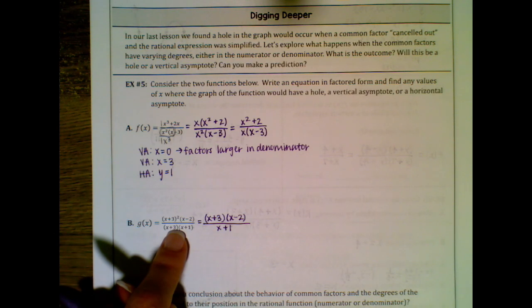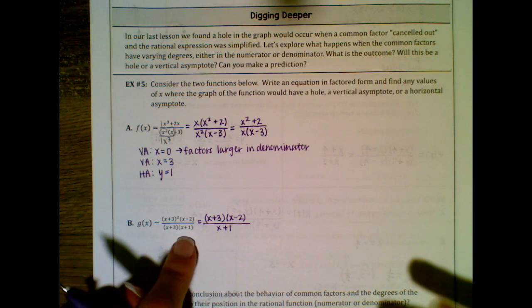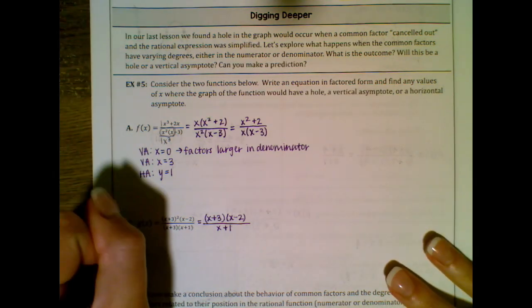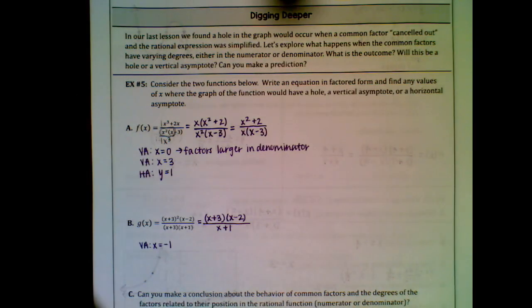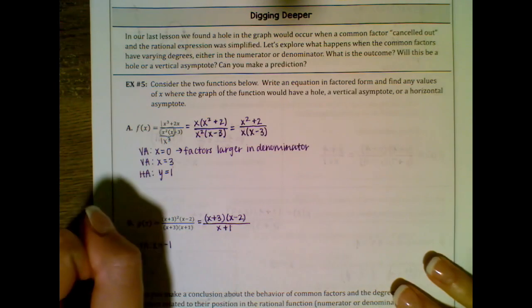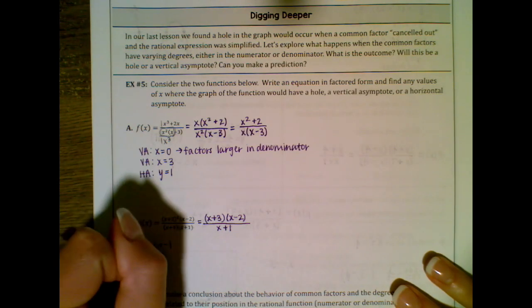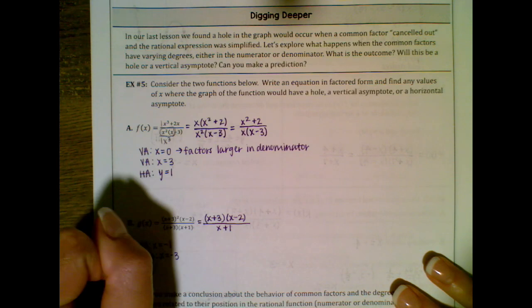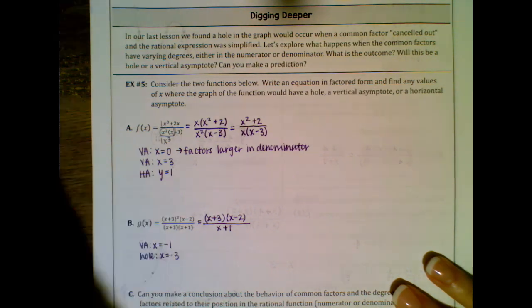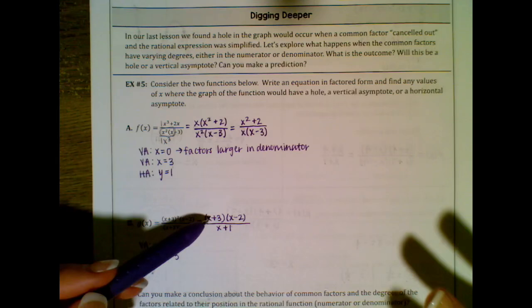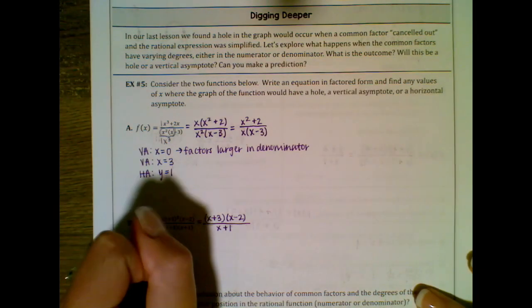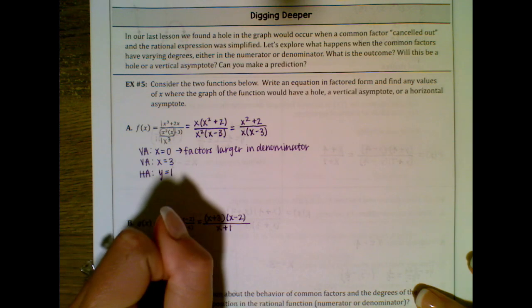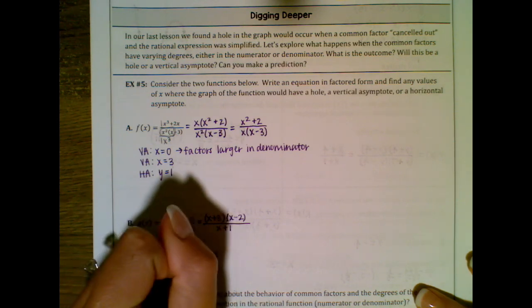So, I have a vertical asymptote at x equals negative 1. I have a hole at x equals negative 3. Because that factor canceled and I had leftovers in the numerator there. So that happens when the factors are larger in the numerator.